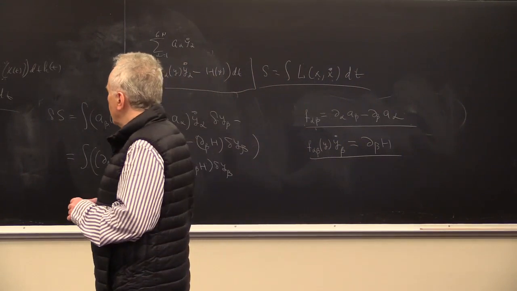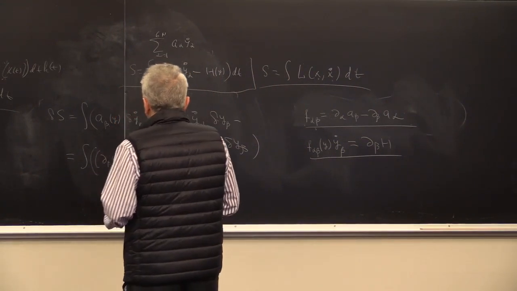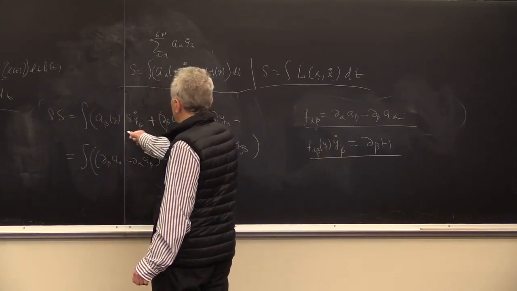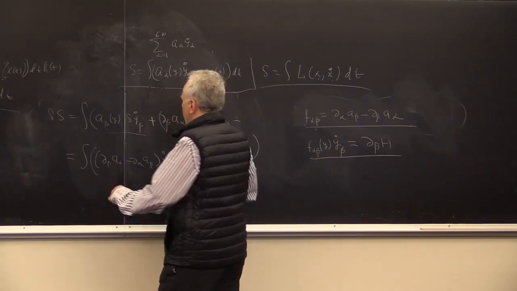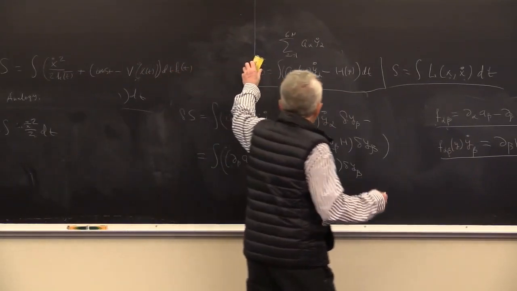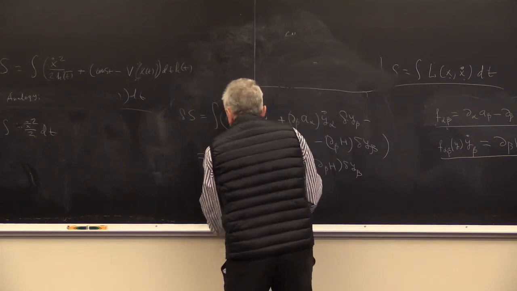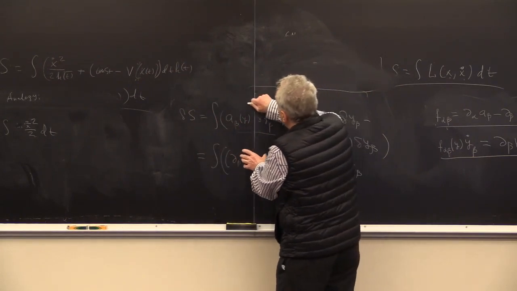Yes? When you integrated by parts the previous expression, what did you do with the first term? The term with a beta of y, delta y dot? It is this term which I integrate by parts. Okay, good. I shall repeat it because that's important. Concentrate on this term only.